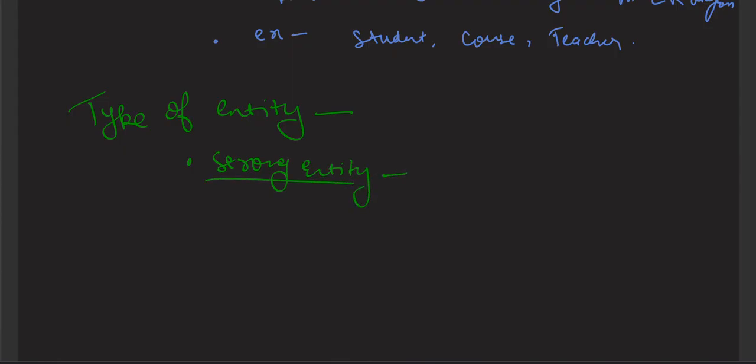So let's see what is a strong entity. It has its own primary key. For a student, roll number is the primary key.